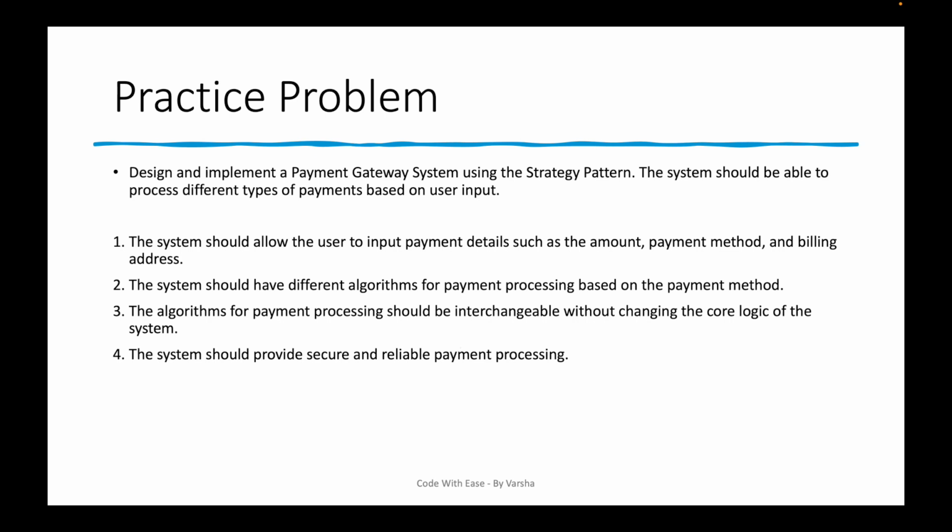You have to design it in such a way that, let's say, you create an interface for processing the payments and then you create the concrete classes, so that whenever the user chooses credit card, debit card, or UPI, that particular algorithm comes into play. So this is what you can practice to understand the strategy pattern.